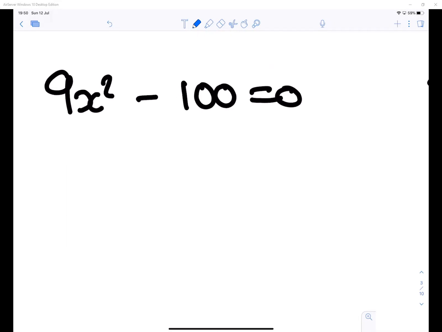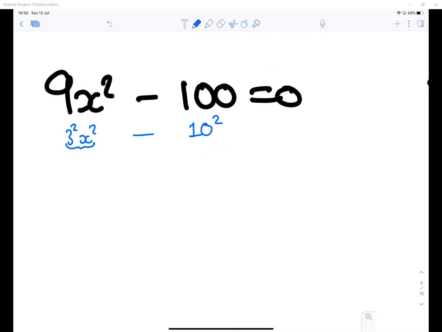So you'll square root 9x squared, so that'll be 3x, and you'll square root 100, that would be 10 squared. So the 9 is 3 squared, x squared, and the 100 is really 10 squared in disguise, yes? Okay, now how do we write this more simply? You write in brackets.